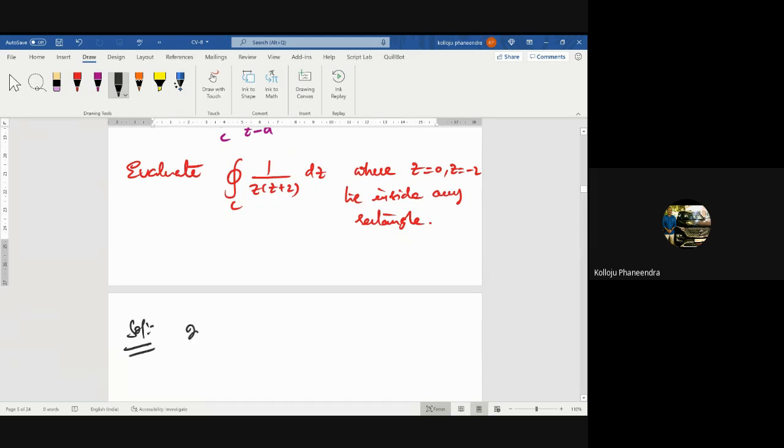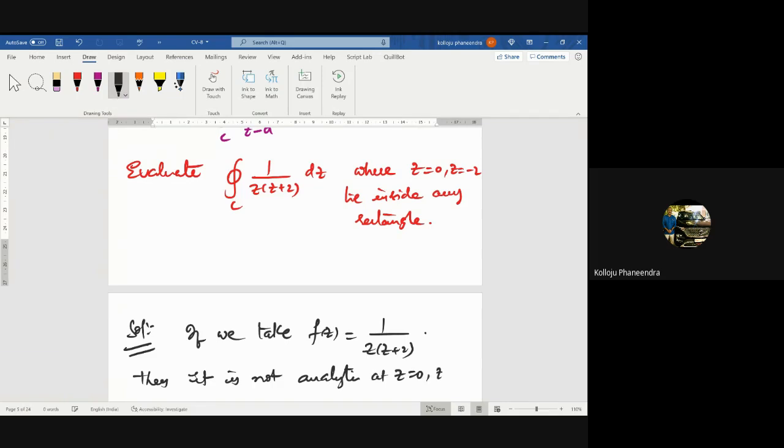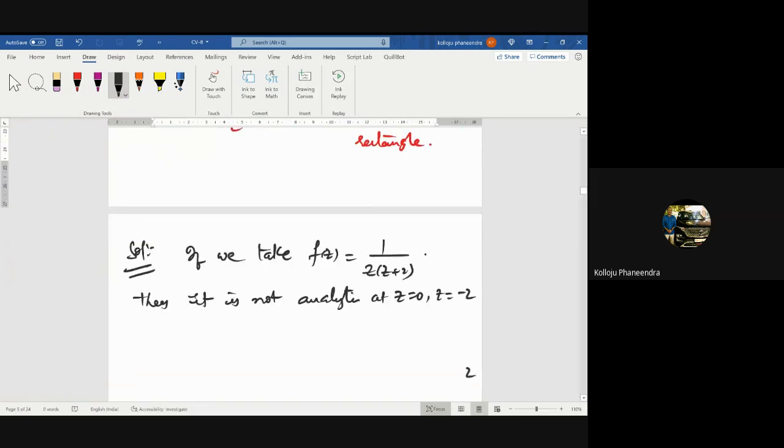If we take f of z equal to 1 by z into z plus 2, then it is not analytic at z equal to 0 and z equal to minus 2, which lie inside the domain of the rectangle.